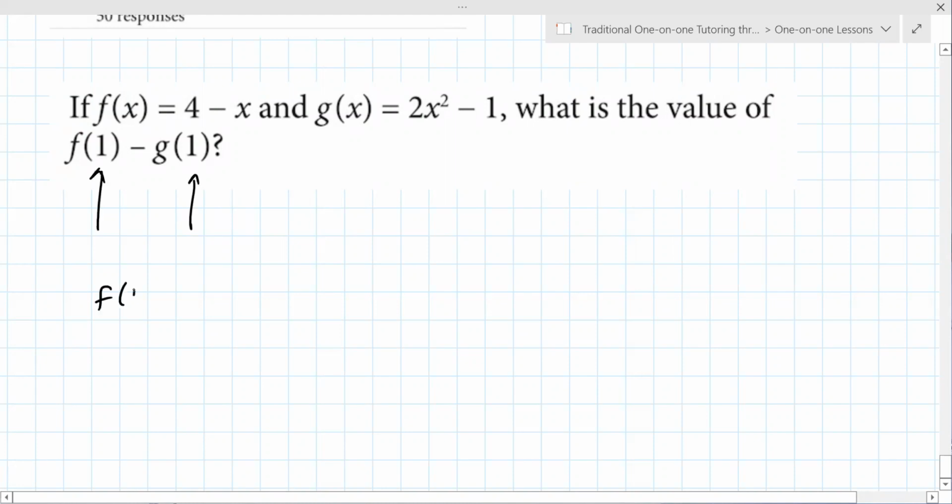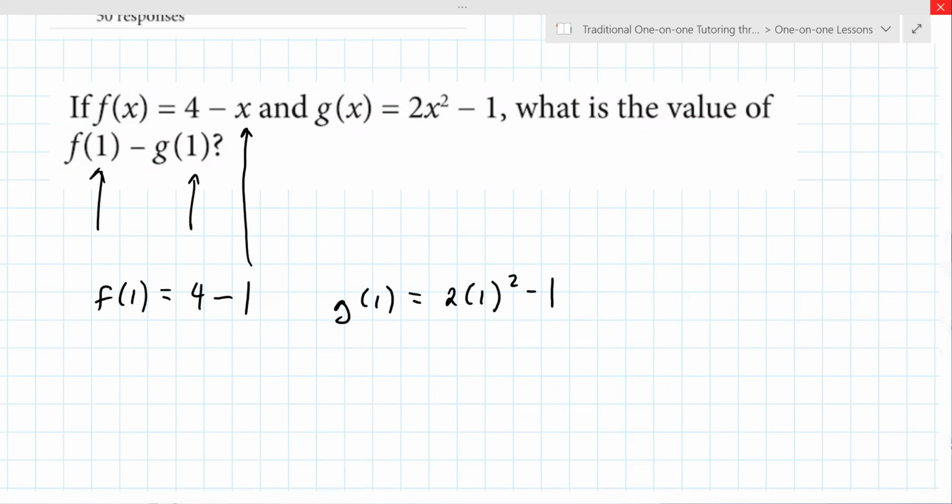You can literally say, okay, f of 1 is 4 minus 1. So you're putting that 1 in for x. And g of 1 is 2 times 1 squared, minus 1, so 2 minus 1. And then what do you do with the answers? Subtract them. Yes. So the answer is 2. 3 minus 1 is 2.